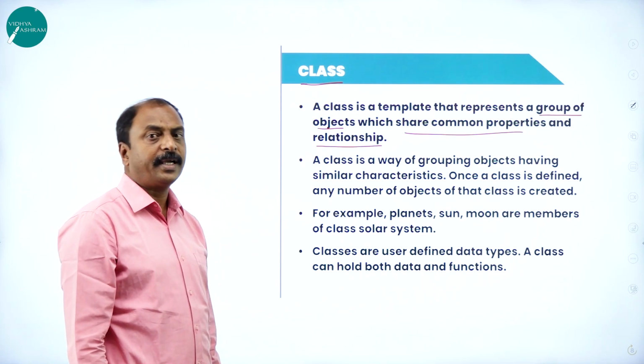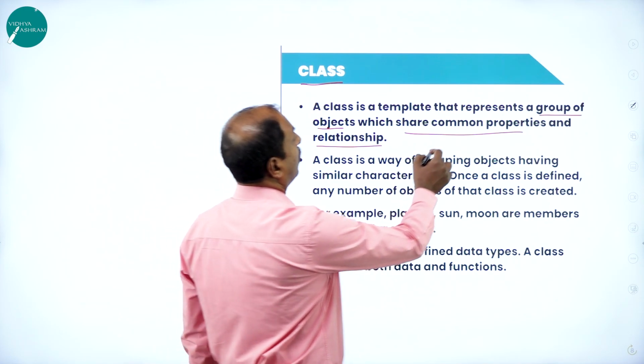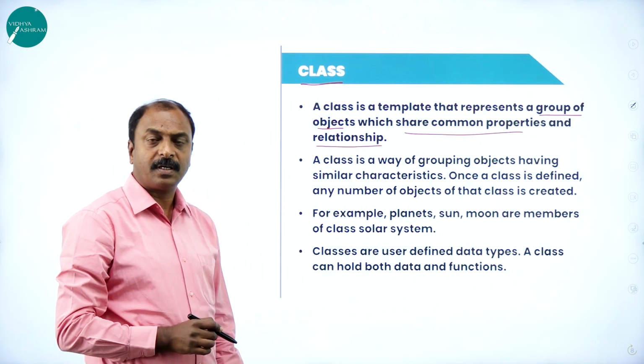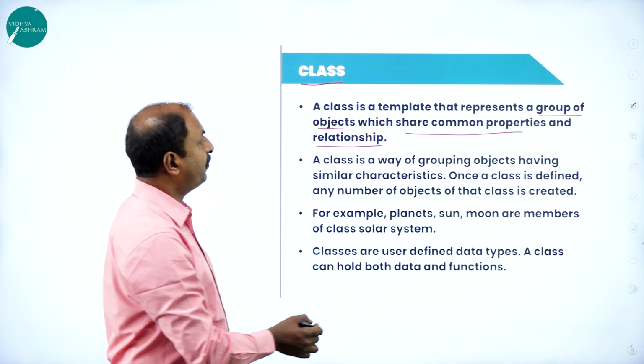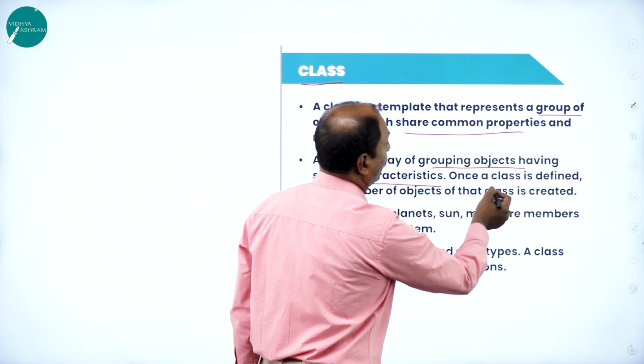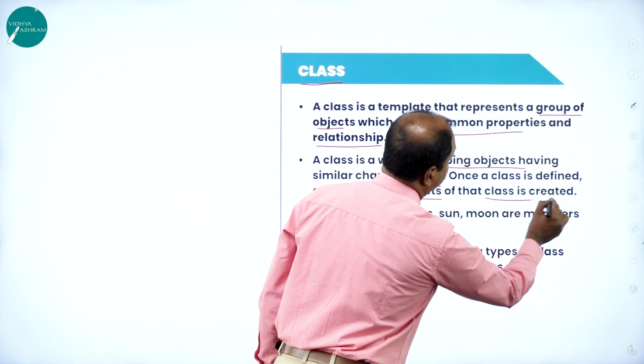It is called a class. So all the objects must have common properties and behavior. A class is a way of grouping objects having similar characteristics. Once a class is defined, any number of objects of that class can be created.